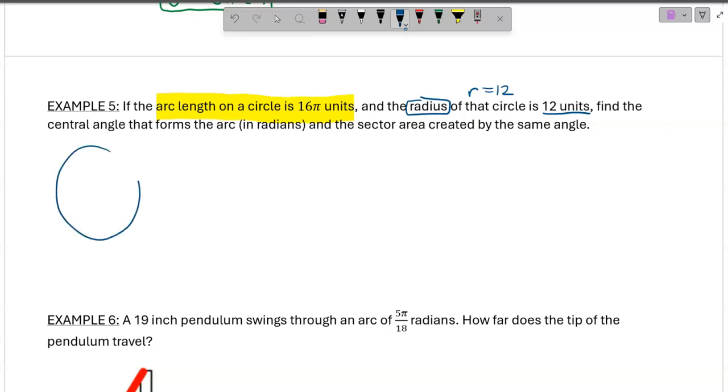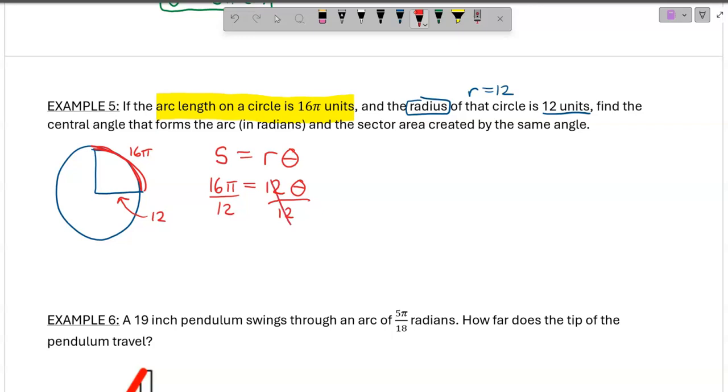Now I don't know what the angle is, but we are being provided that the arc length is 16 pi and the radius is 12. Since we know the arc length and the radius, the arc length formula is just r times theta. My arc length is 16 pi and my radius is 12, so all I need to do to find theta is divide both sides by 12.